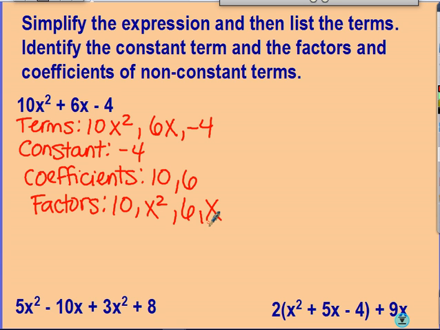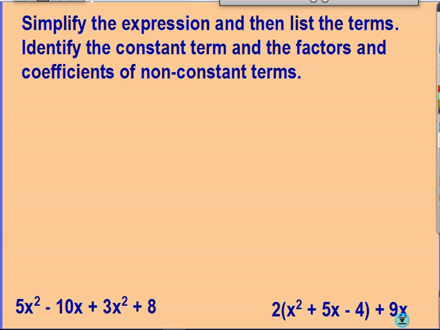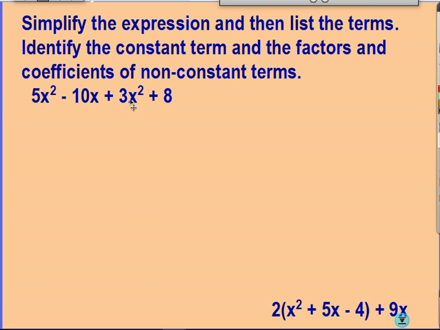I will do the following steps with the next example. First, I will start by simplifying the expression. There are no parentheses sets, therefore we will not use the distributive property. There are like terms to be combined.